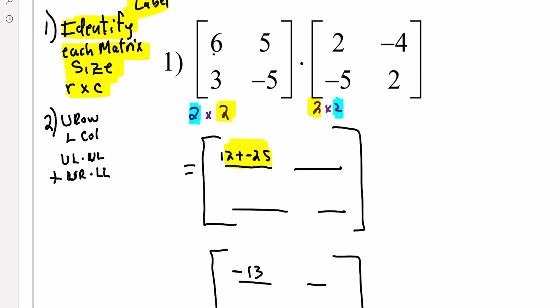Okay, so I just erased some things. So we're still the upper, and now we're doing the right column. All right, and I should have done this in a different color. That's going to give us this value right there.